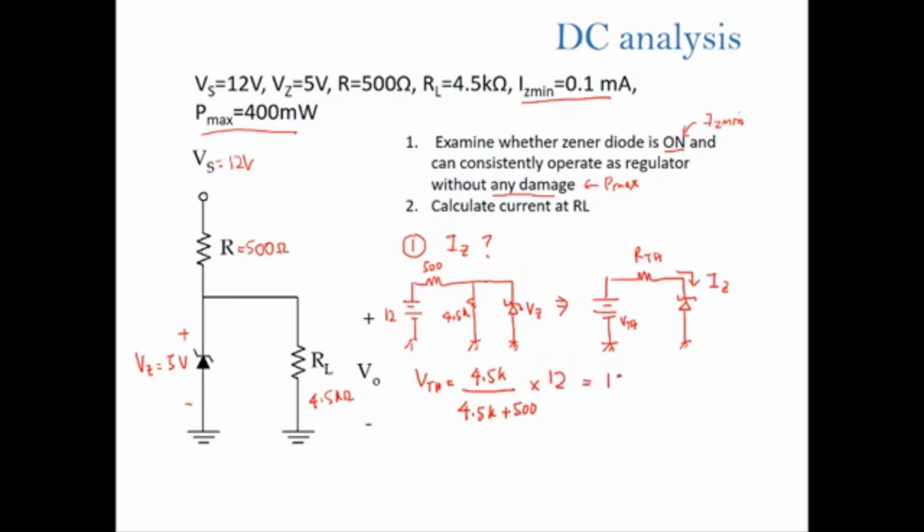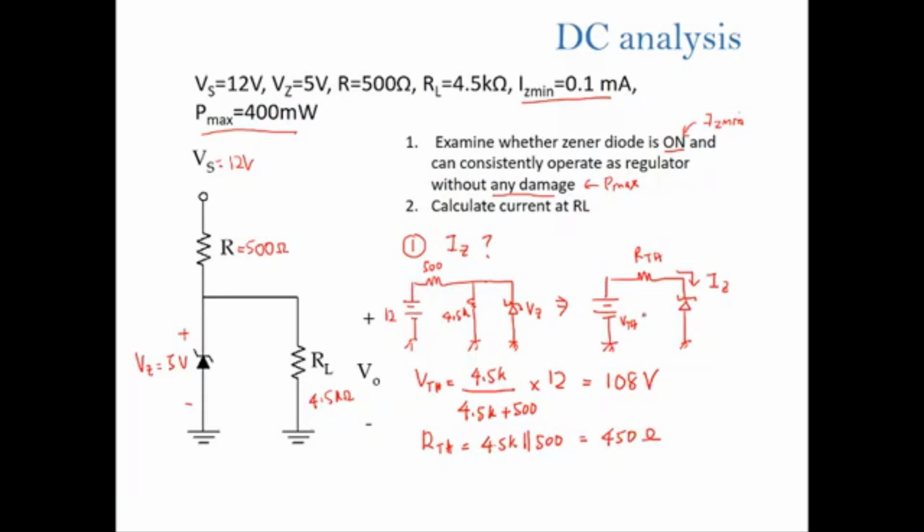So we get 10.8 volt. And then RTH is equal to 4.5k parallel with 500. We do the calculation, and we should get 450 ohm.